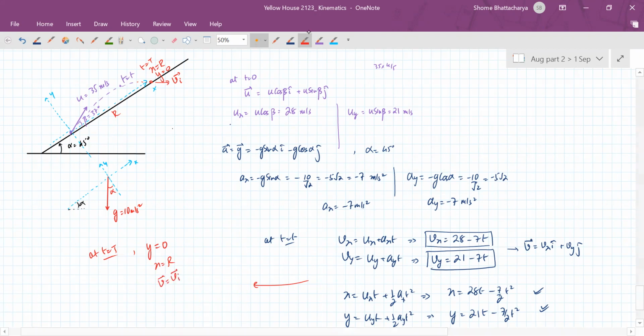Okay, so just work this out quickly. So we have to find our maximum height and time of flight, right? These three things you have to find. Capital T, the time, the range on the inclined surface, and impact velocity.